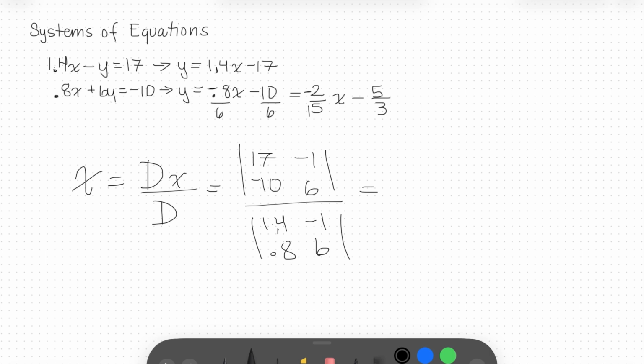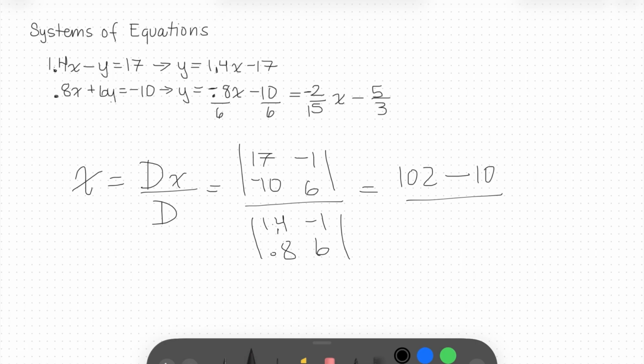So the top one, I would go this way, 17 times 6, and I would get 102, and then I go minus, and then I go this way, negative 1 times negative 10 is 10.